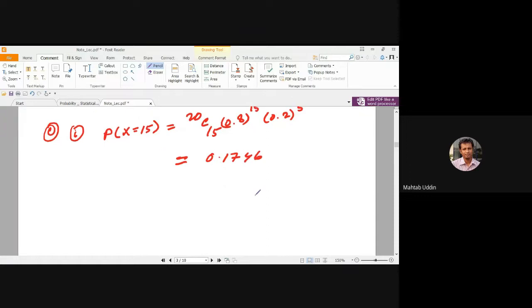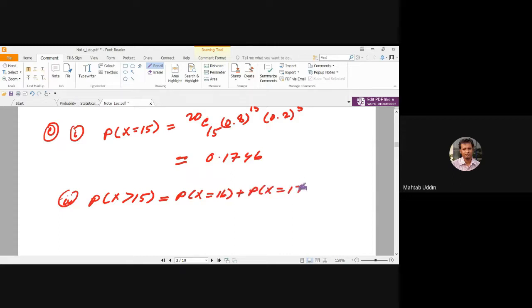Then it said the probability of x greater than 15. Since this is greater than, you just start from P of x equal to 16 up to what?